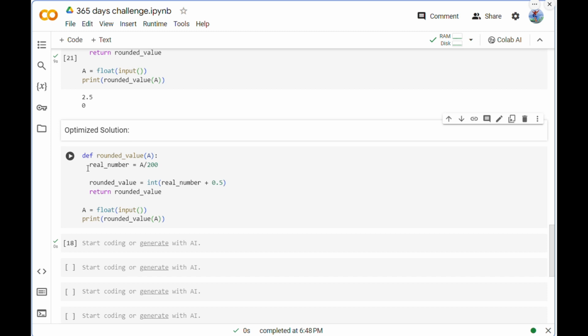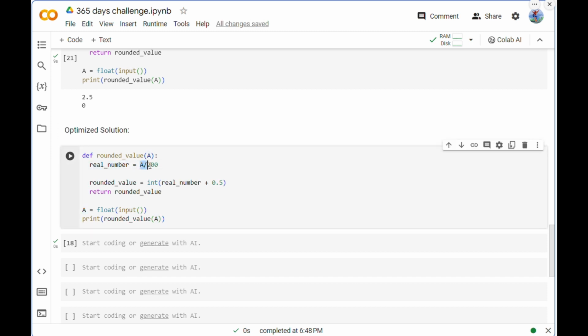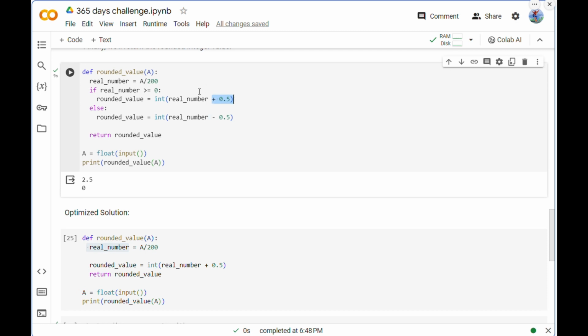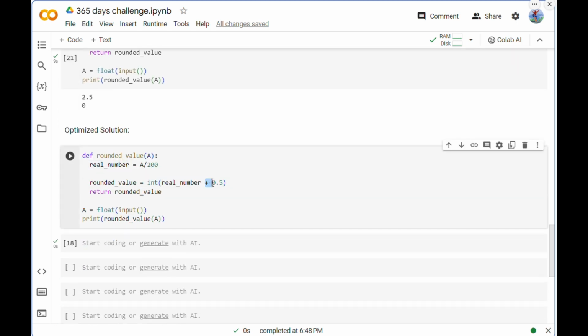We are dividing a by 200 to get a real number. Previously we were adding 0.5, and if it was less than 0, we were subtracting 0.5. Instead of doing that, we are just adding 0.5 to our real number, meaning the decimal value we get by dividing a by 200. We are truncating this part with our 0.5, and this will ensure the correct rounding.